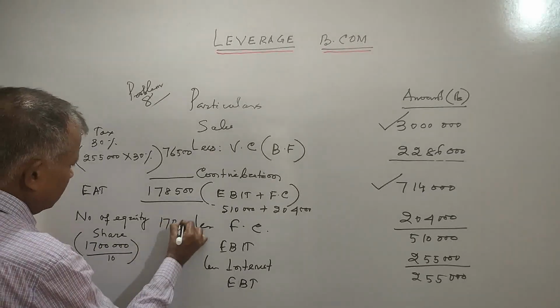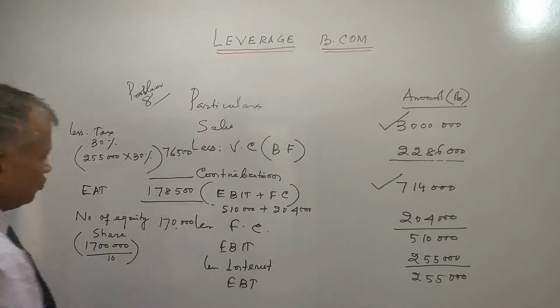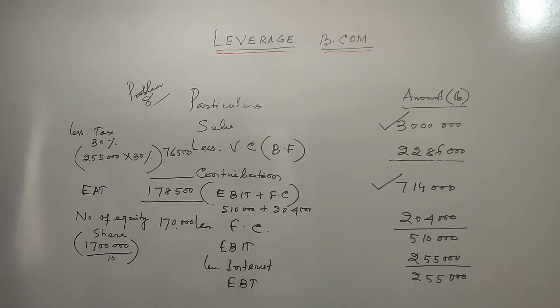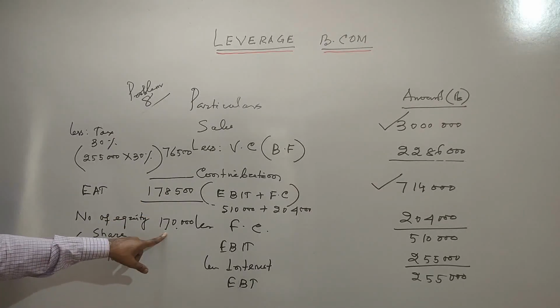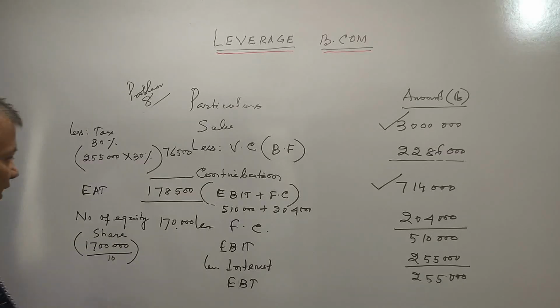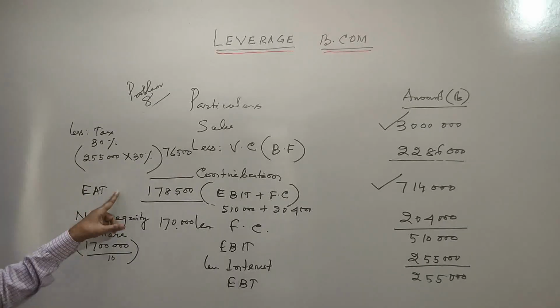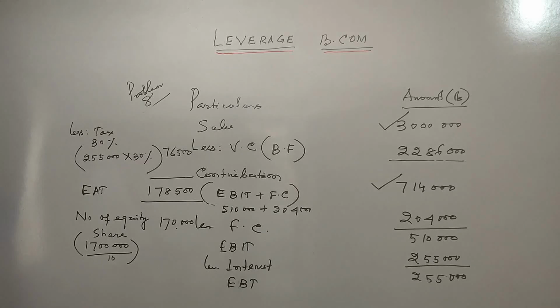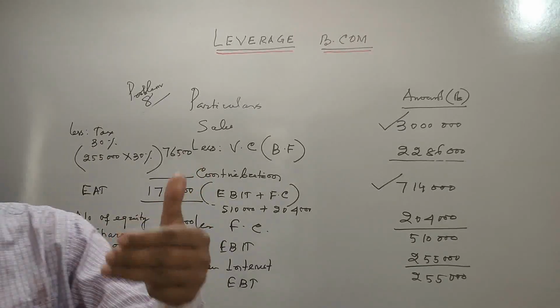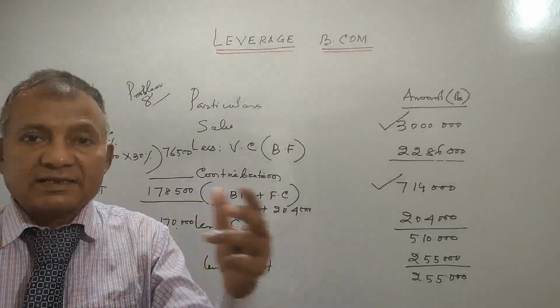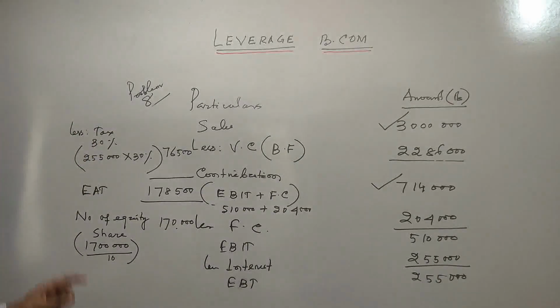So number of equity share is 1,70,000, right? So EAT divided by number of equity share, as we know EAT, since there is no preference share, EAT and earnings available to equity shareholder are same here.